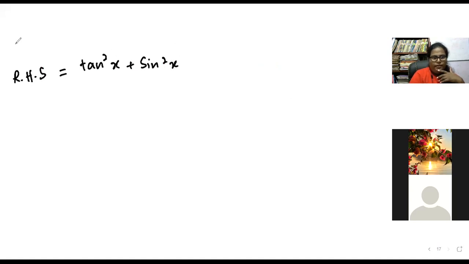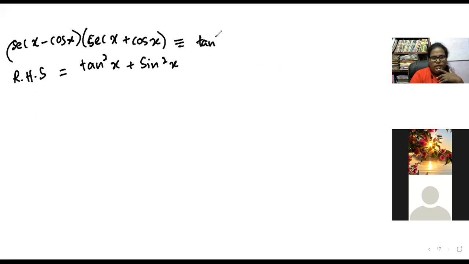Our left hand side is sec x minus cos x, sec x plus cos x, identical to tan square x plus sine square x, right?